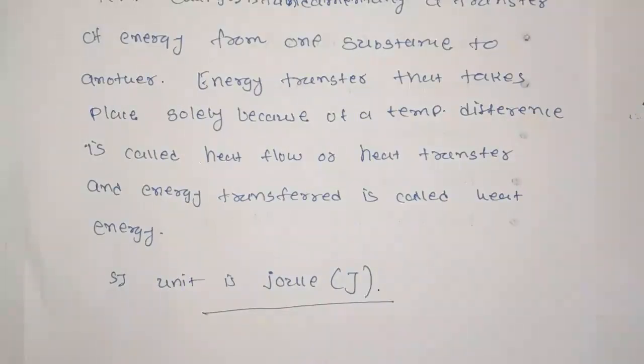In physics, the term heat always refers to energy in transit from one body or system to another because of a temperature difference, and never to the amount of energy contained within a particular system. So by heat we mean the amount of energy that is transferred and not the amount of energy that is being stored.